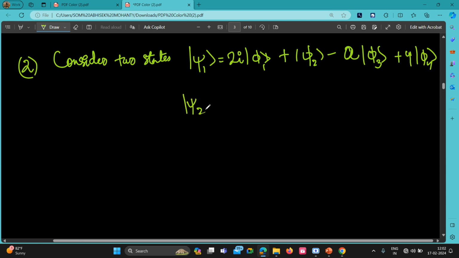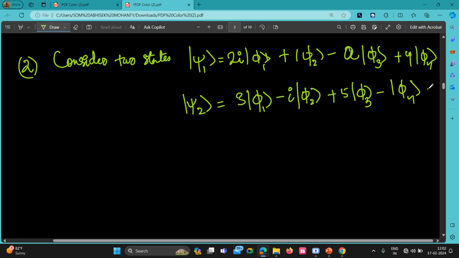Ket psi 2 is equal to 3 phi 1 minus i phi 2 plus 5 phi 3 minus phi 4.